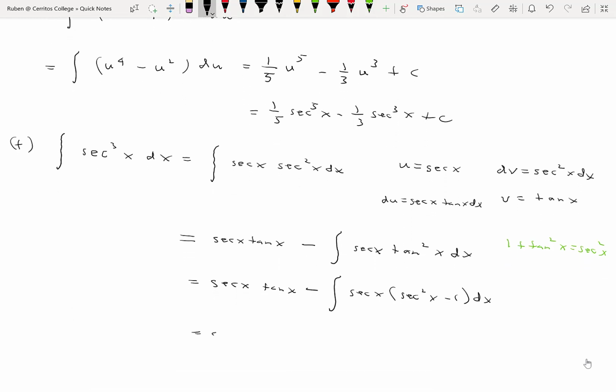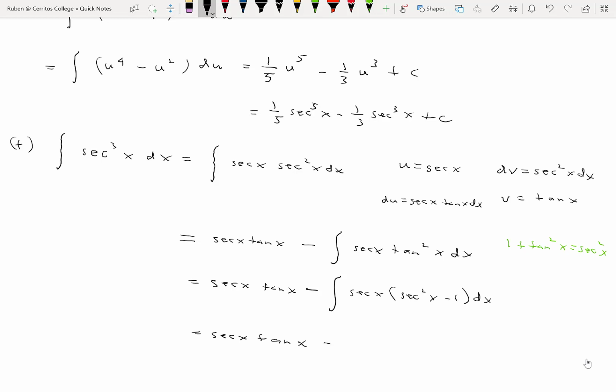Then keep going. So this is secant x tangent x. Now I'm going to split this integral that's left into two separate integrals.